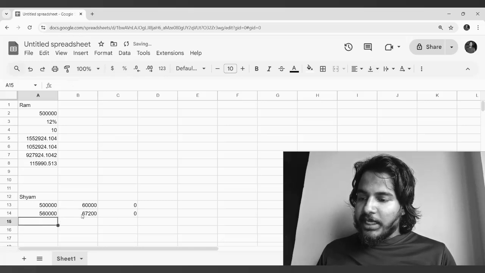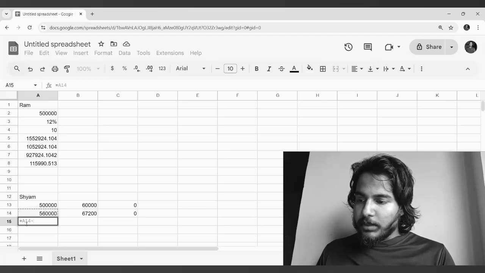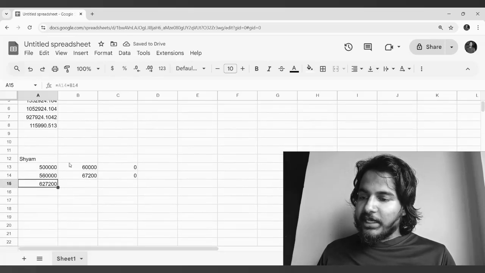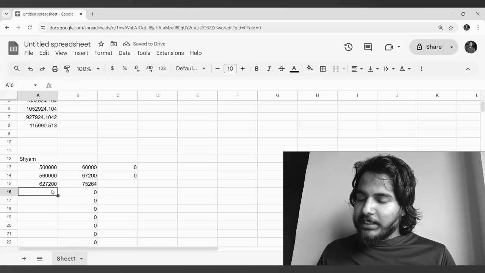Then he will invest this amount: B14 equal to A14 plus B14. This is the amount Shyam will invest in the second year. You will keep doing this: third year, fourth year, fifth year, sixth year, seventh year, eighth year, ninth, 10th.